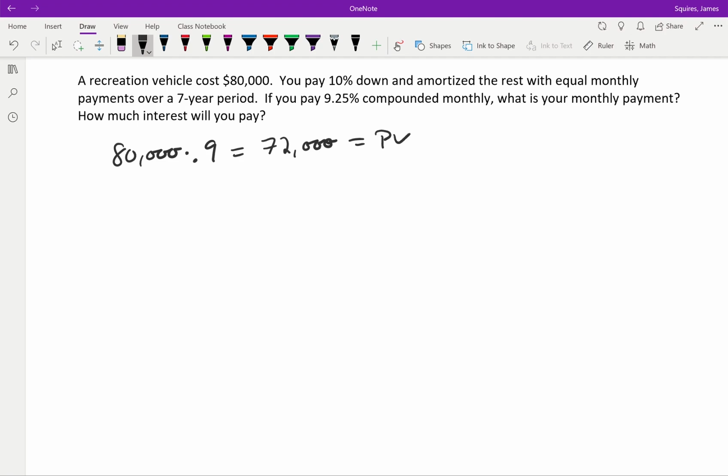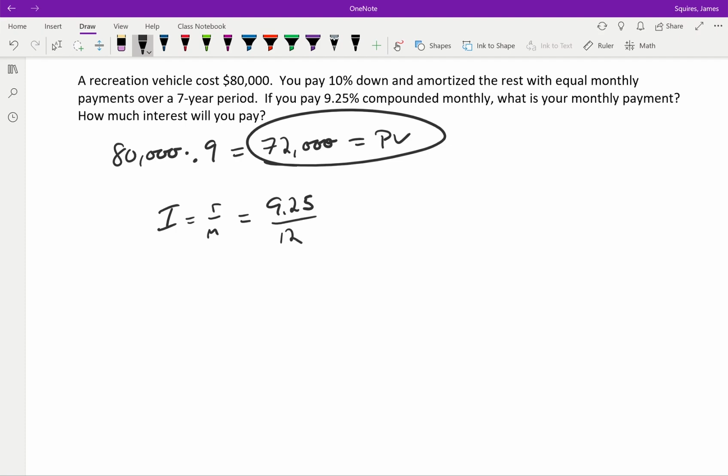That is the size of the loan we need to take out. The per period compounding interest rate will be IR divided by M, in this case 9.25 divided by 12. And N will equal M times T, which equals 12 times 7.